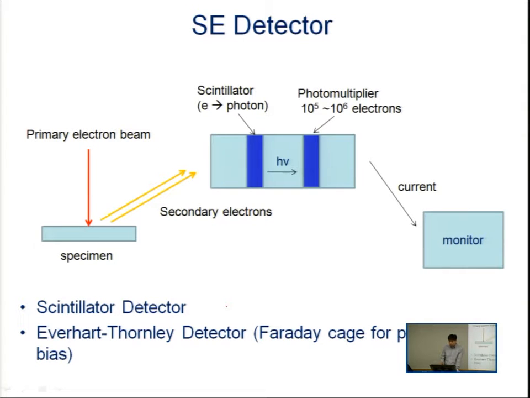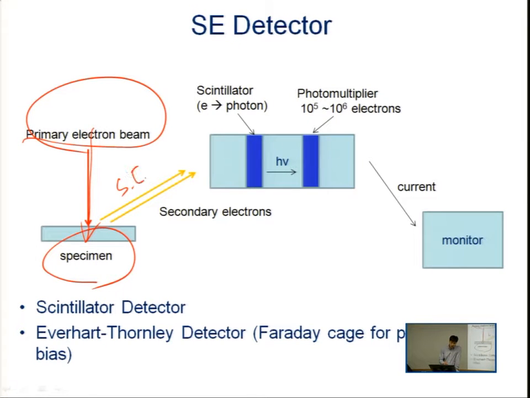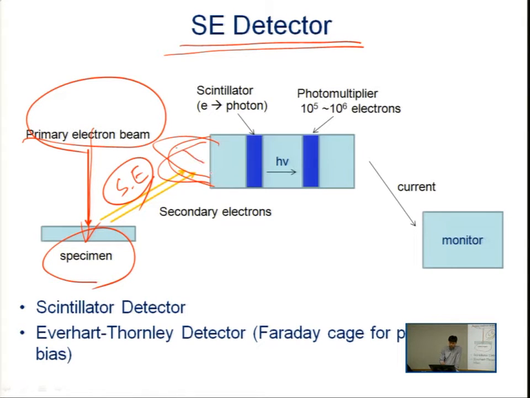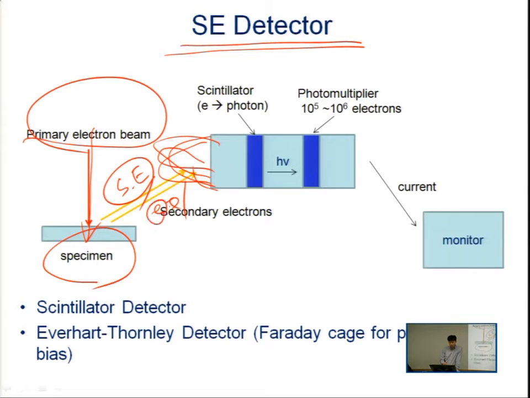When the primary electron beam hits the sample, the secondary electron is one of the signals we get out of the material. The secondary electron detector has a kind of cage, a Faraday cage, to which a bias is applied. It helps the secondary electrons get collected by the detector.